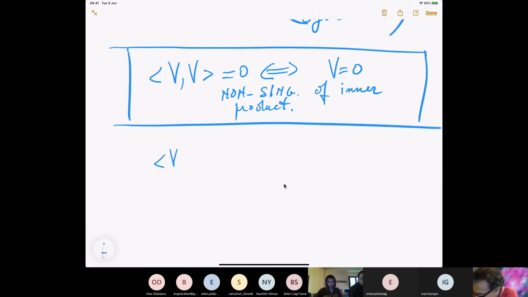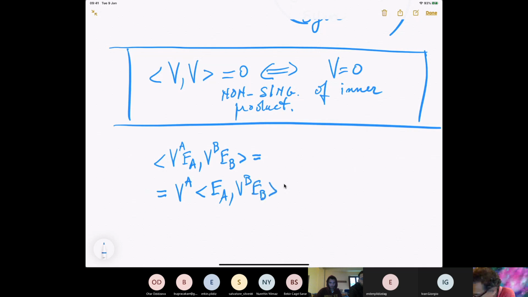So (V^A e_A, V^B e_B) equals, linearity with respect to the first vector argument of the inner product, it is also equal to V^A V^B (e_A, e_B).